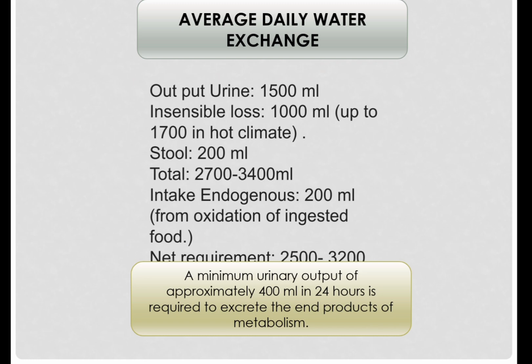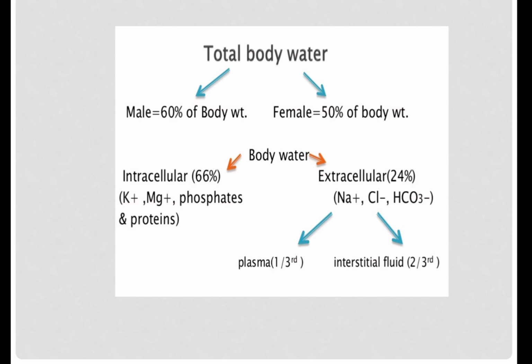So this fulfills the requirement of 2500 to 3200 ml of fluid, which is required for our total body maintenance. Total body water: again this slide shows male is 60% of body weight and female is 50%.